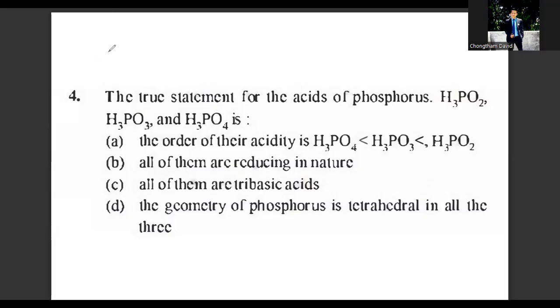If you write the Lewis structure, you have the central atom phosphorus and one replaceable OH, H. So this is the structure of H3PO2. Let us keep on writing for the remaining oxy acids of phosphorus. When I say oxy acids, it means oxygen containing acids.